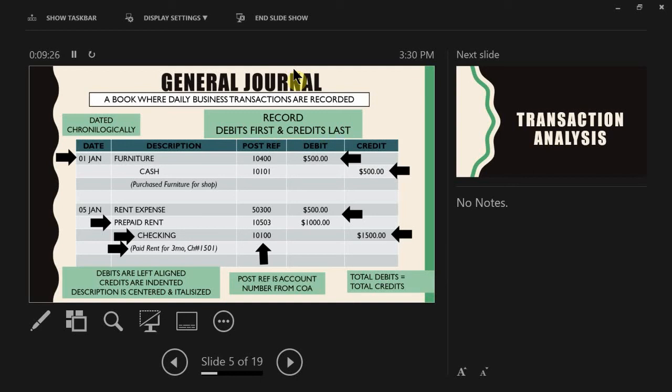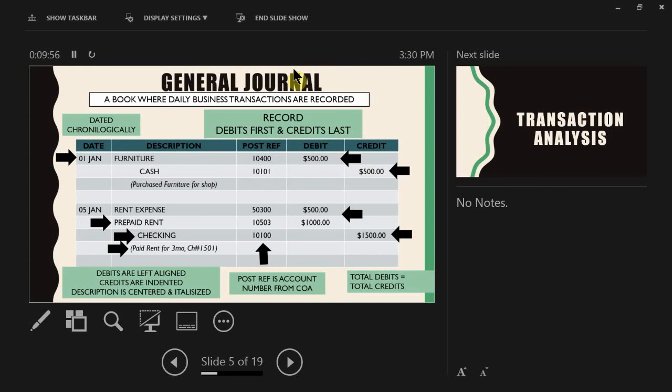One thing that you need to do, to make sure that you have an equal and opposite reaction, is that you need to make sure that your debits equal your credits at all times. So for example, the first example, when I bought my furniture for cash, I bought it for a total of $500. So $500 is going to the debit. The equal and opposite of a debit is going to be my credit for $500.